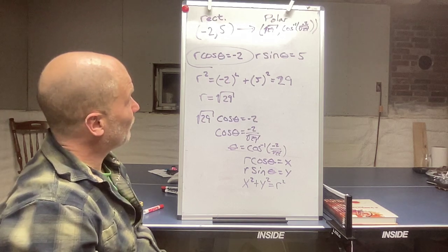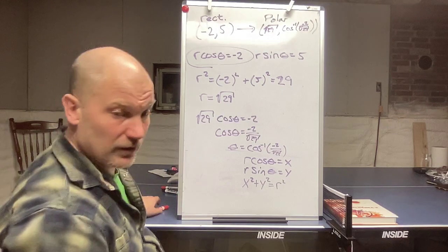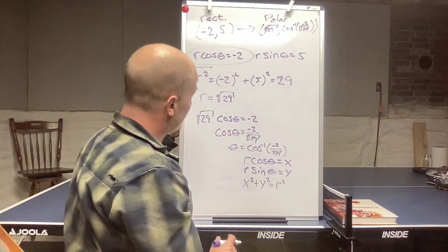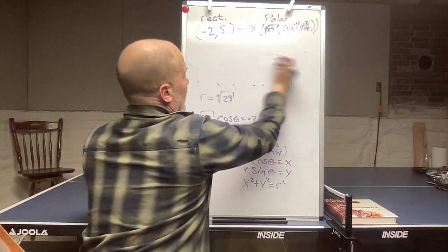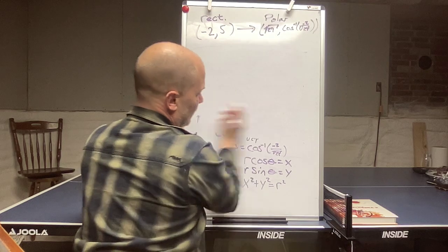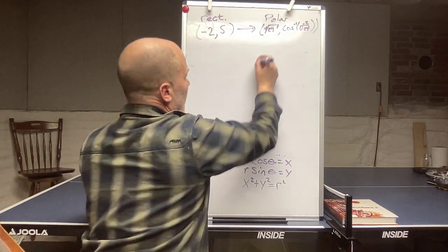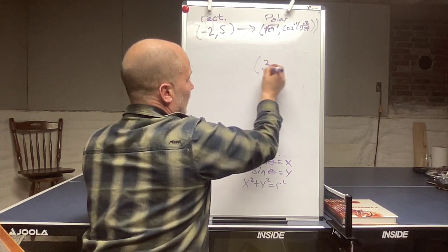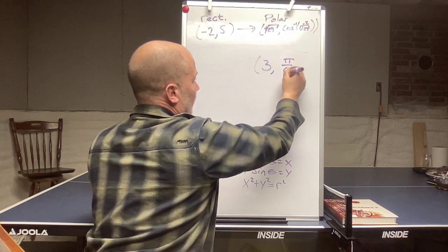So I can convert from rectangular to polar, and I can also convert back from polar to rectangular. And I will do that right down here. Let's see if I pick something a little bit better. If I'm starting with polar, let's say it's got a radius of 3 and a radian measure of pi over 6.